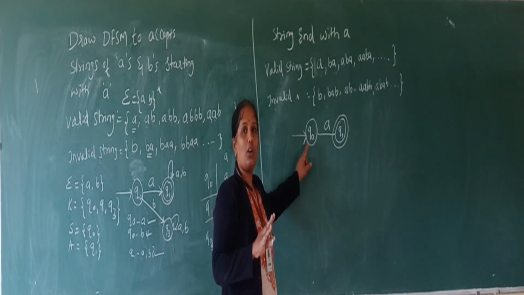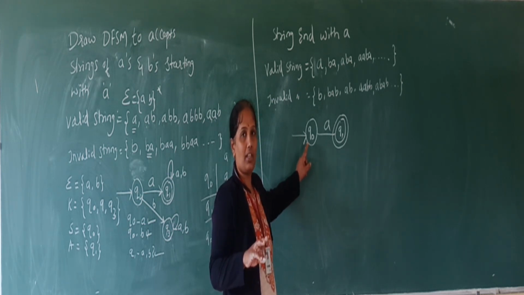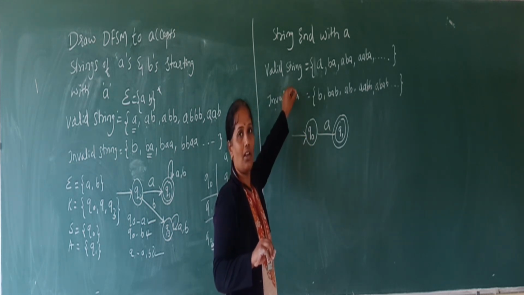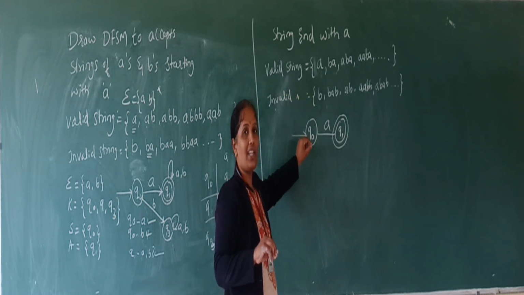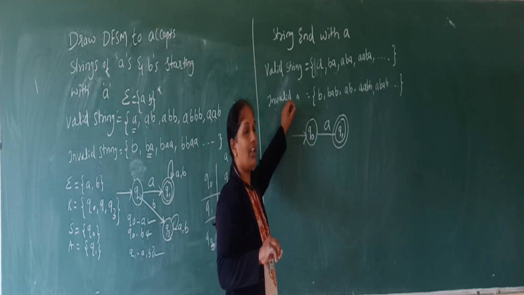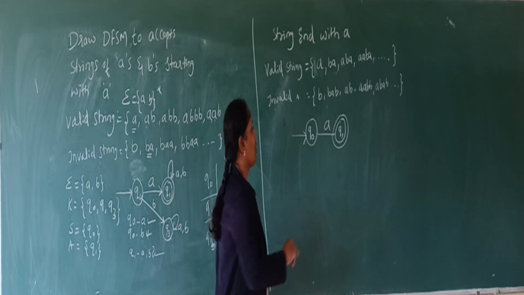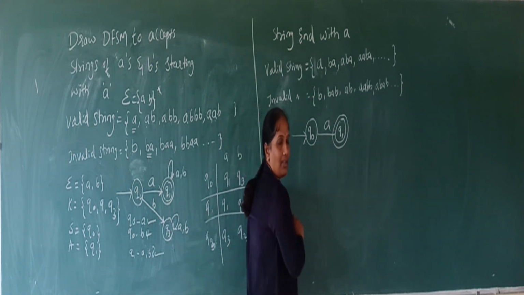But at the end, the A must be there. If it is A, then the strings are in the language. If it is ending with some other character, then those are invalid strings for the given language. So A is accepted here.